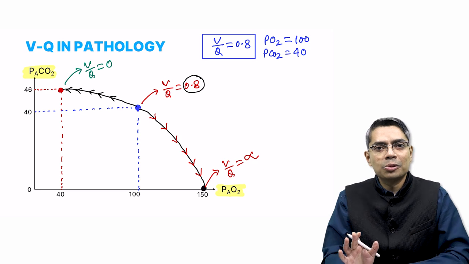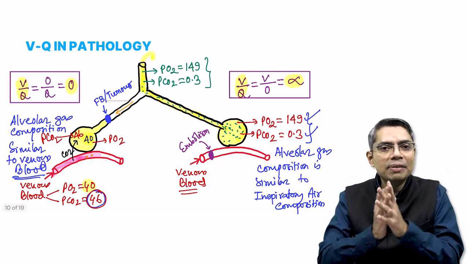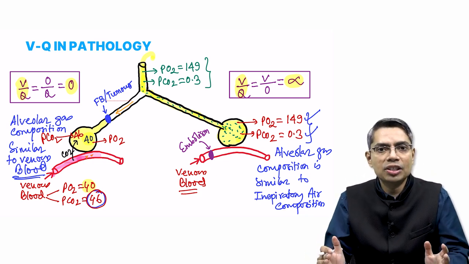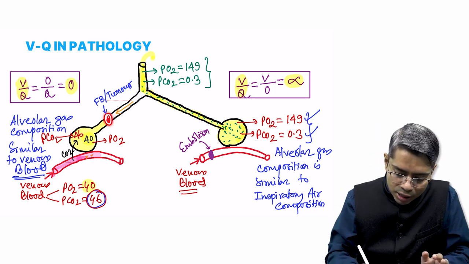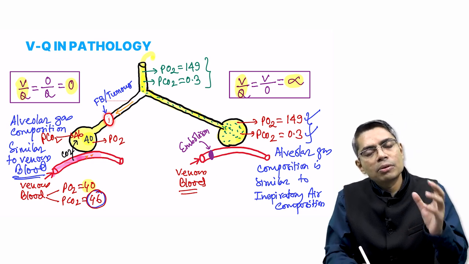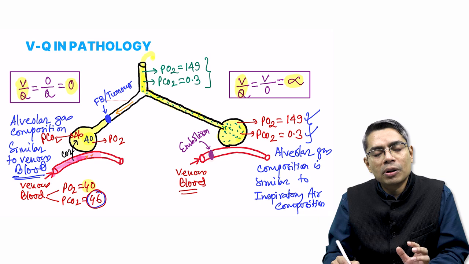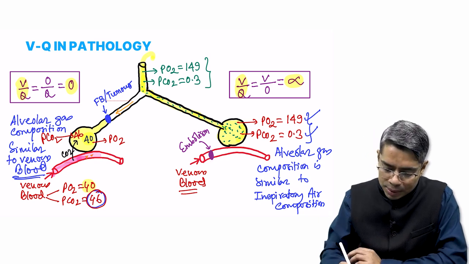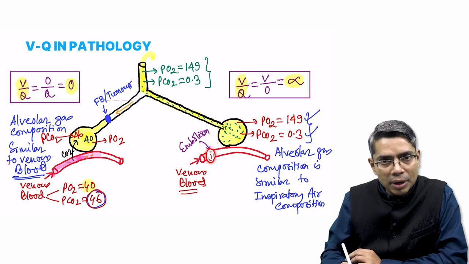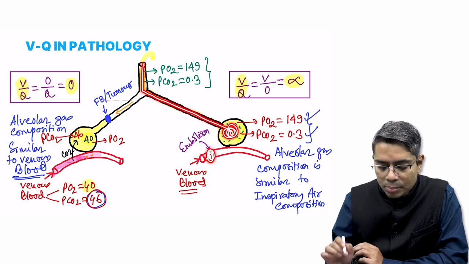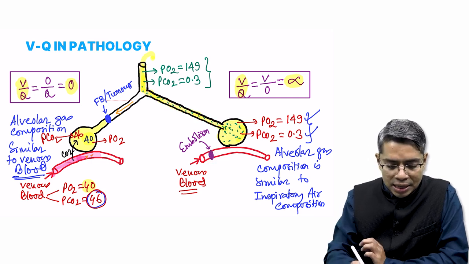Okay. So now we have seen the regional ventilation difference between apex and base, and we have seen the extreme conditions. In one extreme condition a foreign body is blocking the airflow to the alveoli, and in the other an embolism is blocking the blood flow to the alveoli. If an embolism is blocking the blood flow, all the air is entering the alveoli, but that air is not taking part in gas exchange.